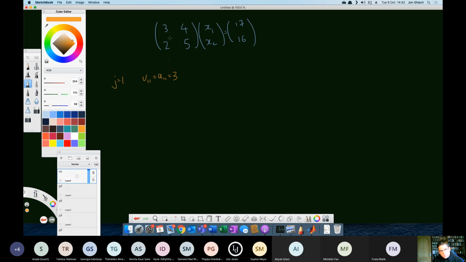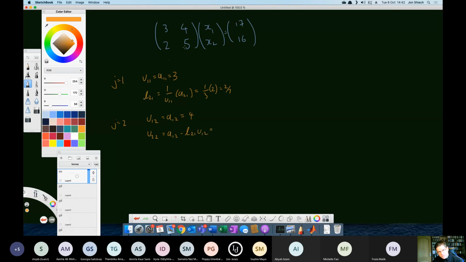Then we've got just one lower triangular element, which is 1 over u11 times a21. That's 1/3 times 2, which is 2/3. When j equals 2, u12 is just equal to a12, so that's 4, and u22 is equal to a22 minus L21 u12.